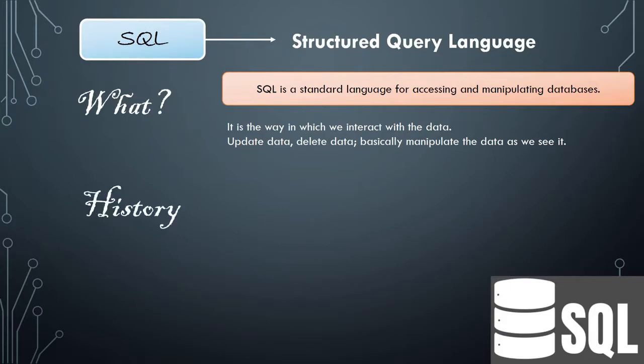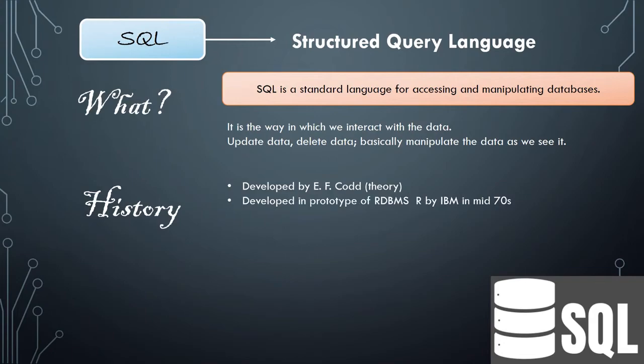Okay. Next thing, history, where SQL came from. First, it was developed theoretically by E.F. Codd. E.F. Codd is also known as the father of DBMS. In his paper in the early 1970s, he designed that we can store data in a particular format. He presented that theory in one of his research papers. After that, IBM developed it for the prototype of RDBMS, System R, in the mid-70s.